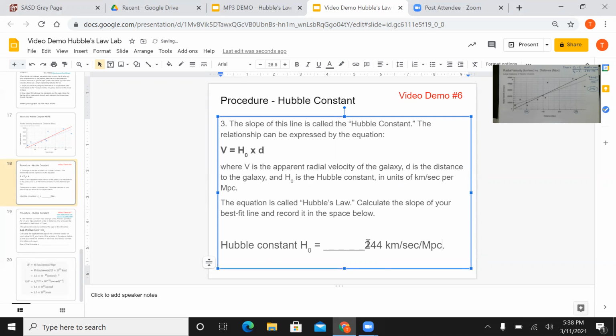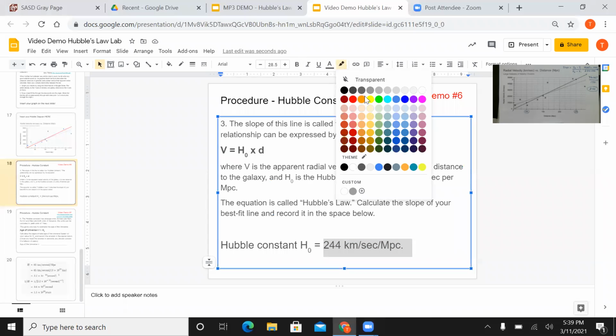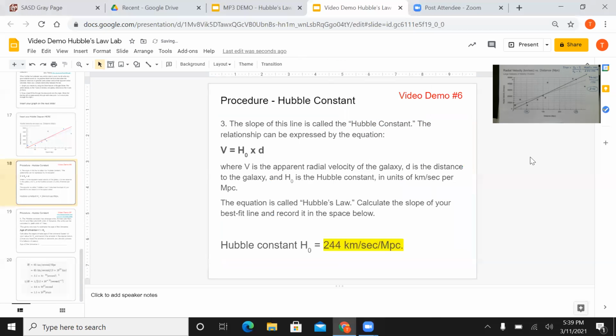All right, so that value is not the currently accepted value for the Hubble constant. That value is higher than the currently accepted Hubble constant. The currently accepted Hubble constant is about 70 kilometers per second per megaparsec.